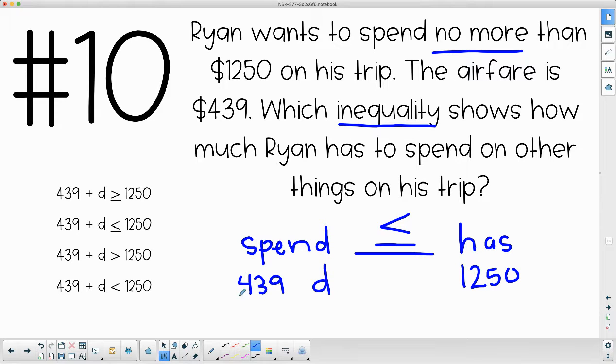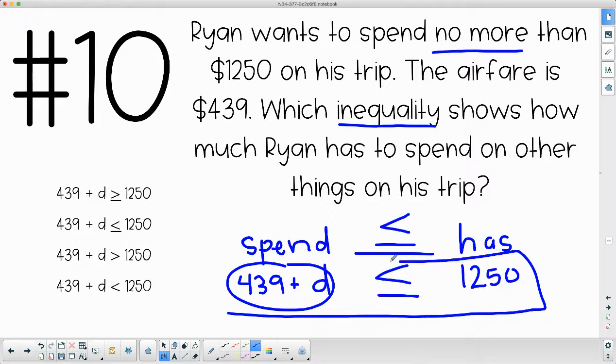So if I'm spending $439 and I add on any other dollars I spend, this number together, this problem here, needs to be less than or equal to 1,250. So right there, we have our final equation.